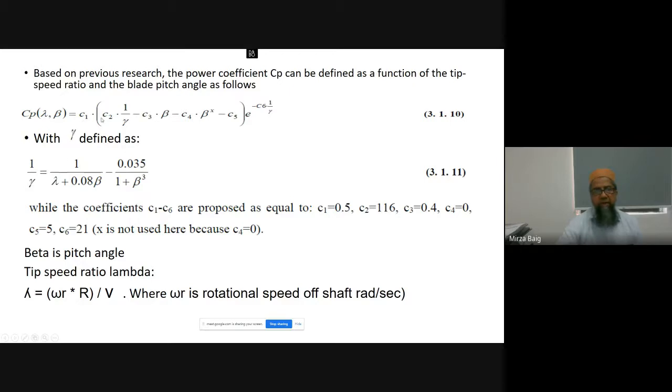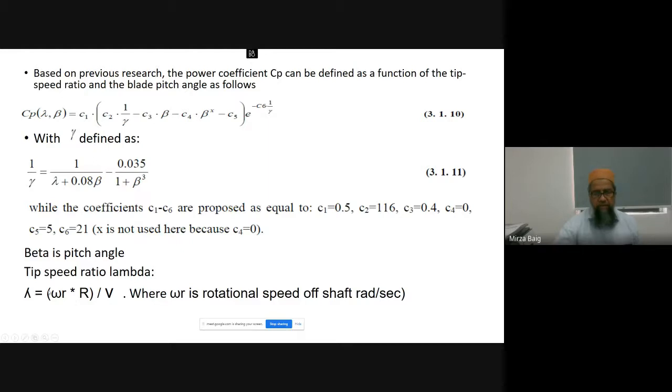In research papers you can find Cp equal to C1 times (C2 over lambda i minus C3 beta minus C4 beta^x minus C5) times e to the power of minus C6 over lambda i, where 1 over lambda i is 1 over (lambda plus 0.08 beta) minus 0.035 over (1 plus beta cubed). The coefficients C1 to C6 can be found in numerous research papers as 0.5, 116, 0.4, 0, 5, and 21. The exponent x is not used here because C4 is 0.